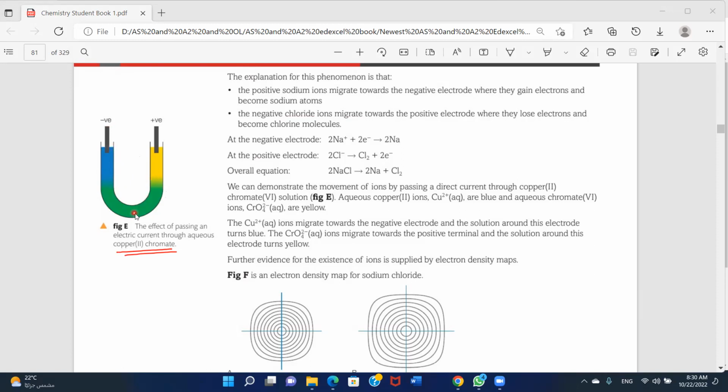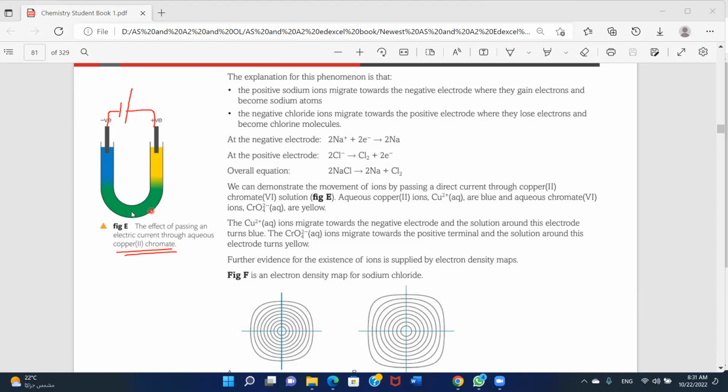In the U-tube, we place the copper chromate, which is green in color, and we place 2 inert electrodes, of course, and one of them is joined to the negative pole of a direct current supply, and the other electrode connected to the positive pole of the direct current supply.